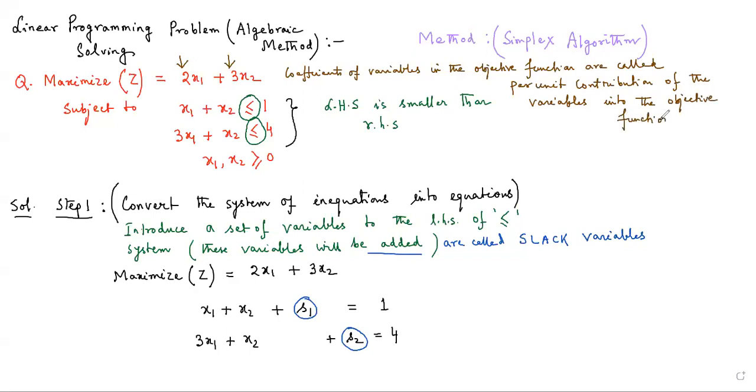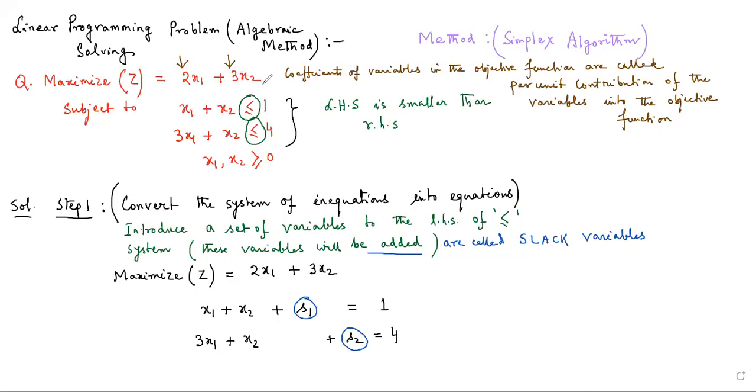If you want to understand what this means, go through my previous day's formulation problem. So we can say that the per unit contribution of the x1 variable in the objective function is 2 units, and the per unit contribution of the x2 variable is 3 units.